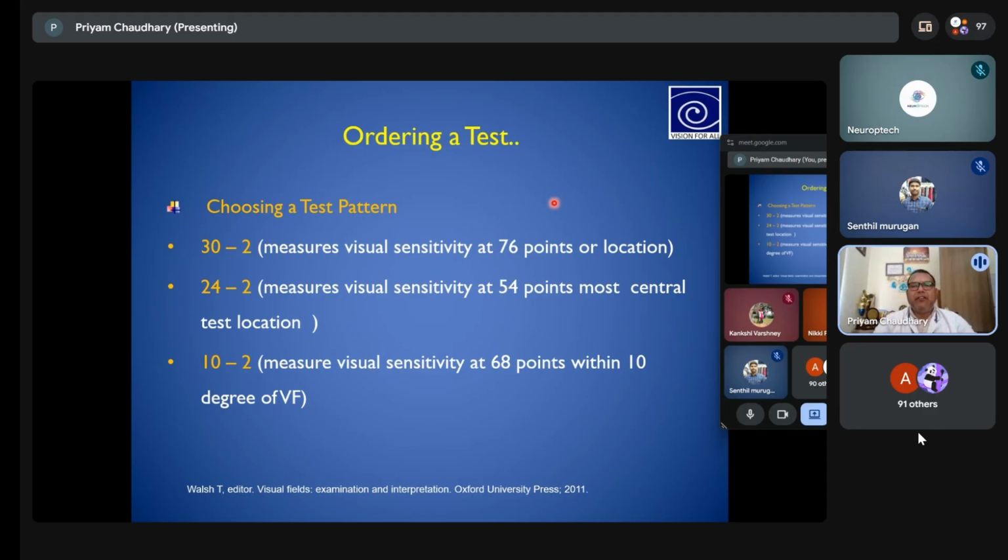What is the main difference between 10-2, 24-2 and 30-2? 30-2 and 24-2 are the same test, but the area is 6 degrees more compared to 24-2. But the resolution between two points is the same, 6 degrees. In case of 10-2, the area is less, central fovea to 10 degrees, but the distance between two points is 2 degrees. This is the main difference.